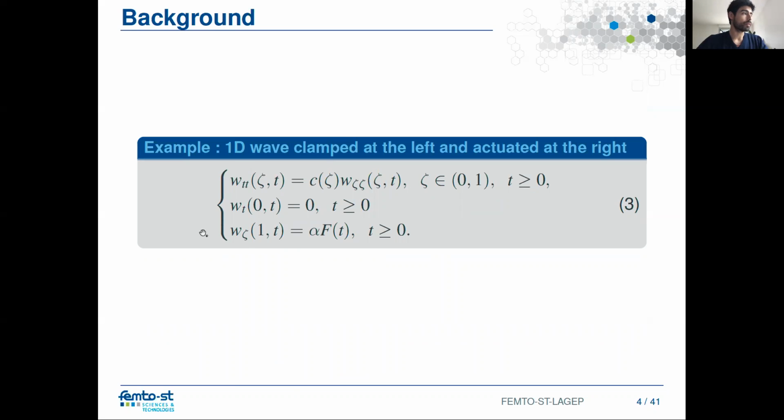For example, we have the wave equation, which can be represented by this PDE with velocity at the left equal to 0, for example, and the force at the right equal to some function that we can decide.